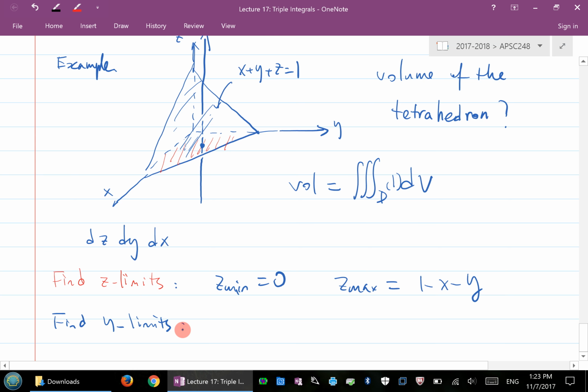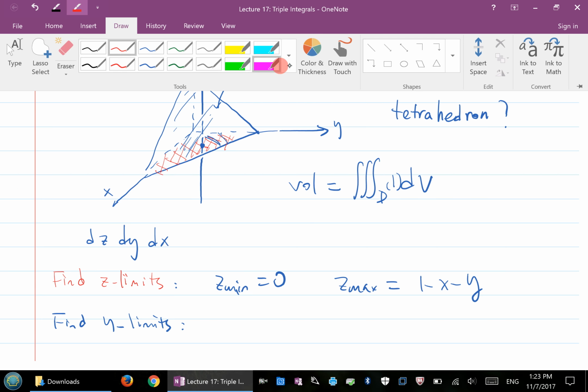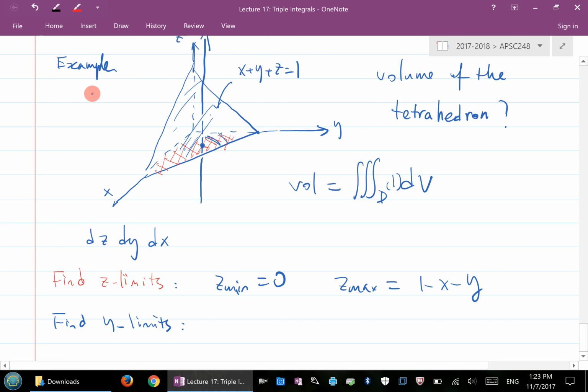You focus on the shadow of the solid region D, which is the red portion, that bottom triangle. Since we're doing y first, you draw an arrow line in the y-axis direction across the shadow R. Your first contact gives you the y min, and the second contact gives you the y max.